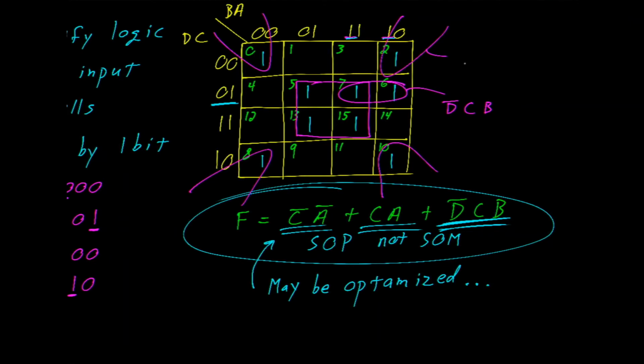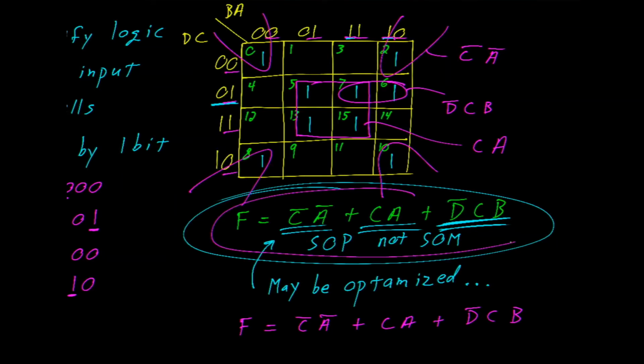The 4 corners are described as C' and then A', and these 4 in the middle are described as C and then A. So our optimized Boolean equation is C' A', or C A, or D' C B, which means our original equation here was indeed optimized.